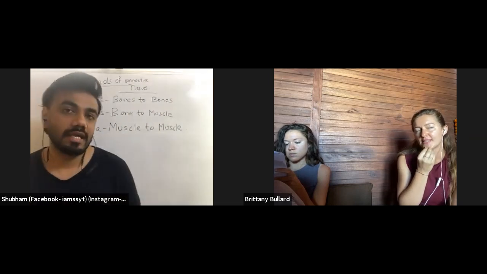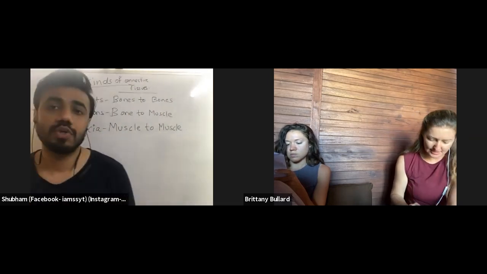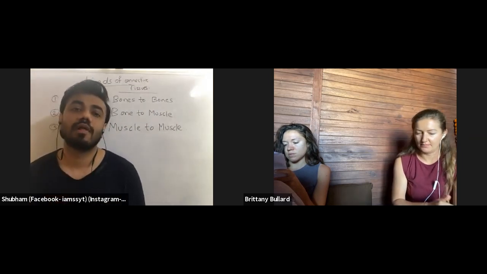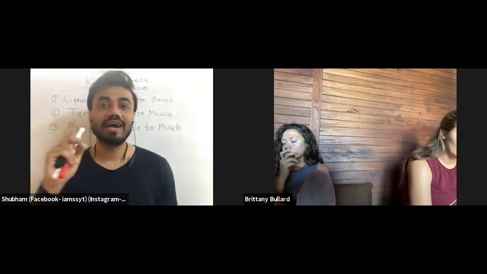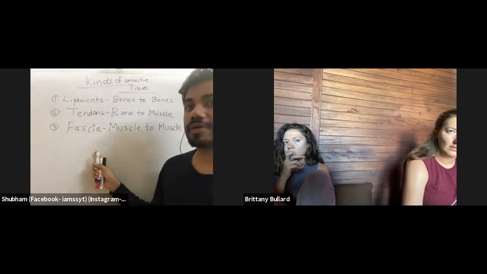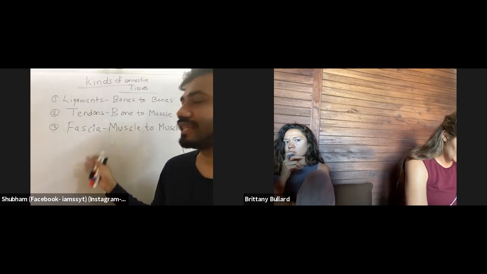Apart from these connective tissues, we also have cartilage. This is also a type of connective tissue, and we have different types of cartilage as well. So cartilage is one more connective tissue.